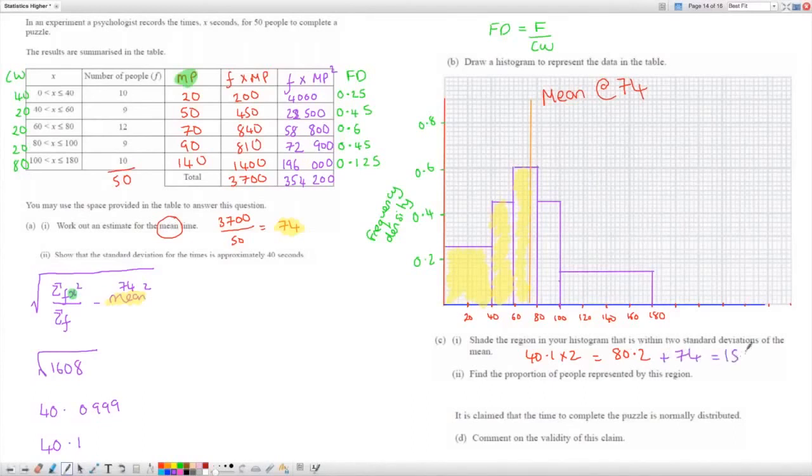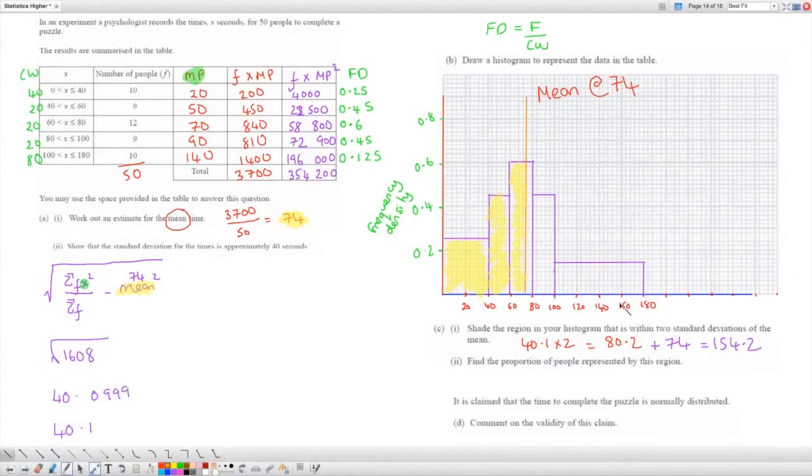So we're going to go up to 154.2. So taking a ruler again to identify that particular point, 140, 150.2 will give us a line here.